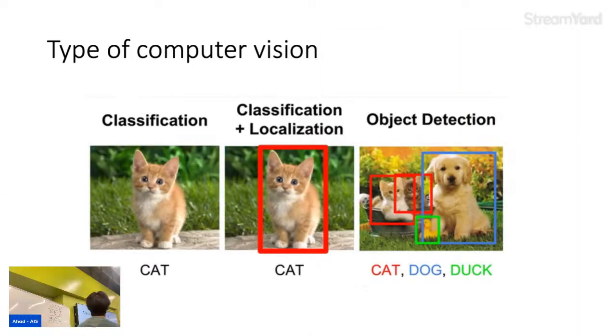So I wanted to go over, at a high level, some interesting types of computer vision applications. One I'm sure you're all familiar with, because we did cover it in the previous workshop, is classification. That's where you have an image and you basically categorize it into a couple of categories, like if there's a cat present in the picture.